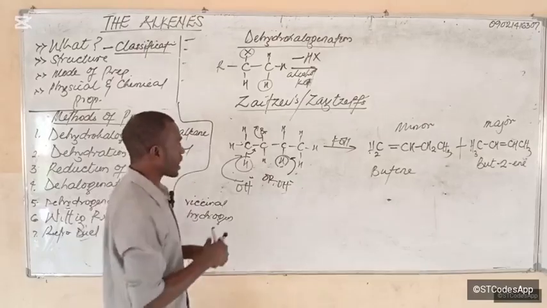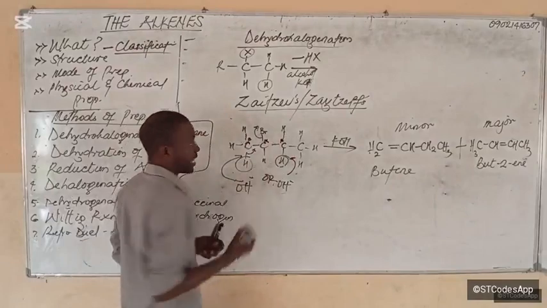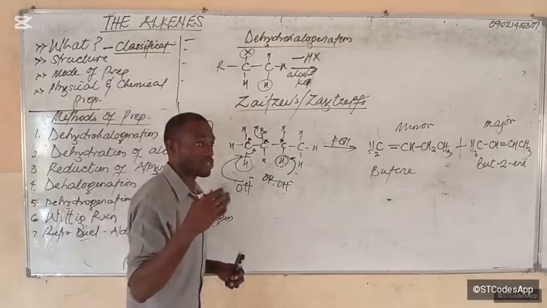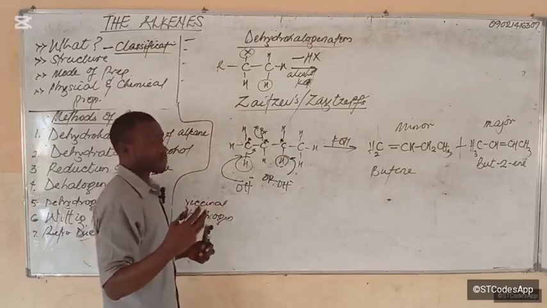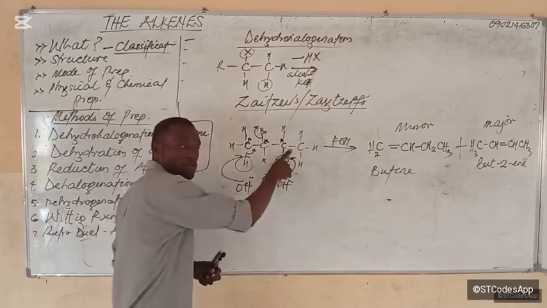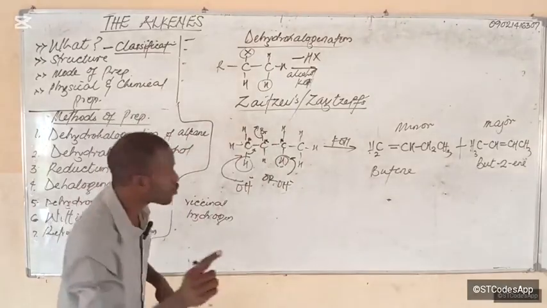And where is the most substituted carbon? There's an alpha carbon, and these two beta carbons. I already explained that, right? So these two beta carbons are the possibilities from which we want to abstract our hydrogen, right? This beta carbon at this point here is the most substituted carbon. So it's the one from which you can abstract hydrogen, right?